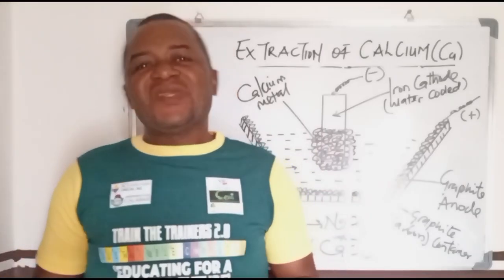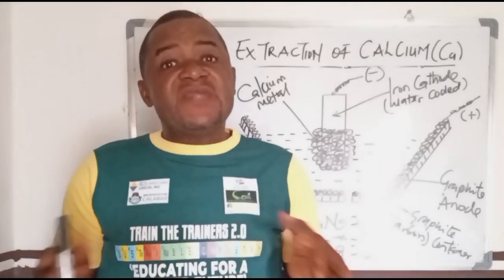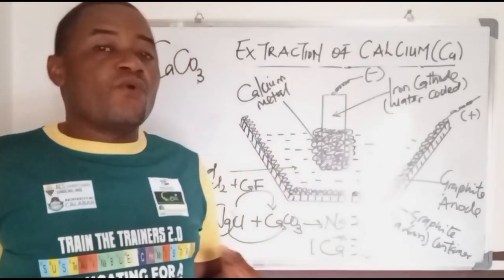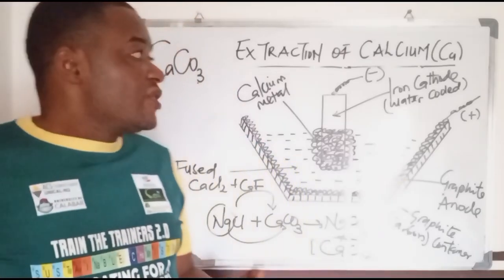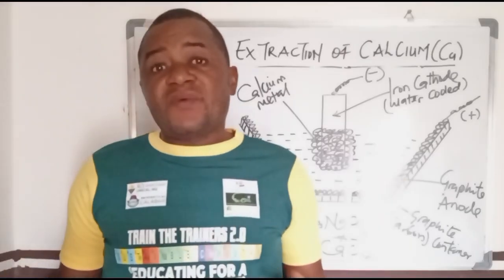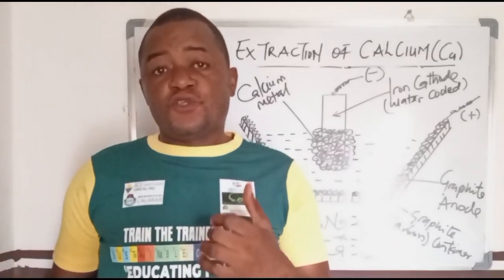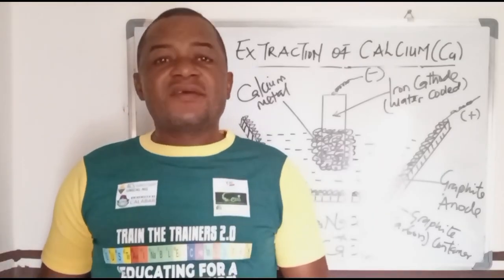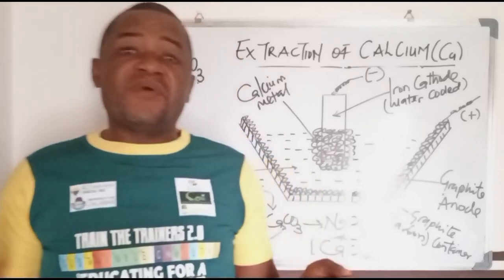Calcium also has a physical property: its relative density is about 1.55. The density of calcium is quite a bit higher than the density of sodium, if you look retrospectively at what we did earlier concerning sodium. So calcium has a relative density of about 1.55.